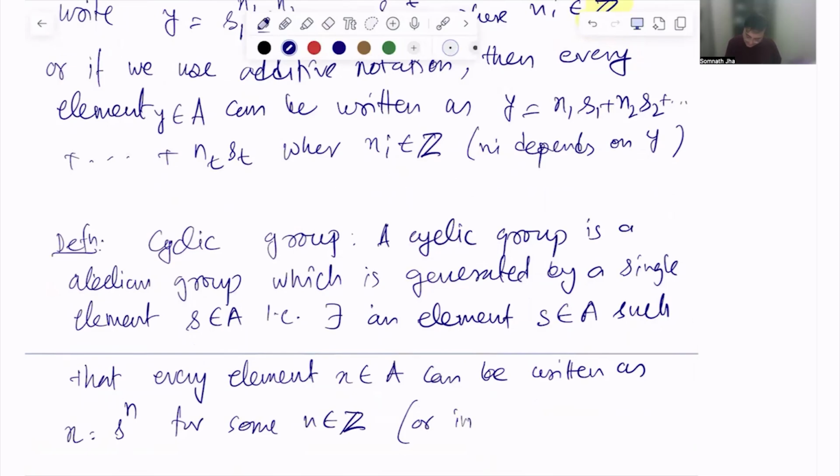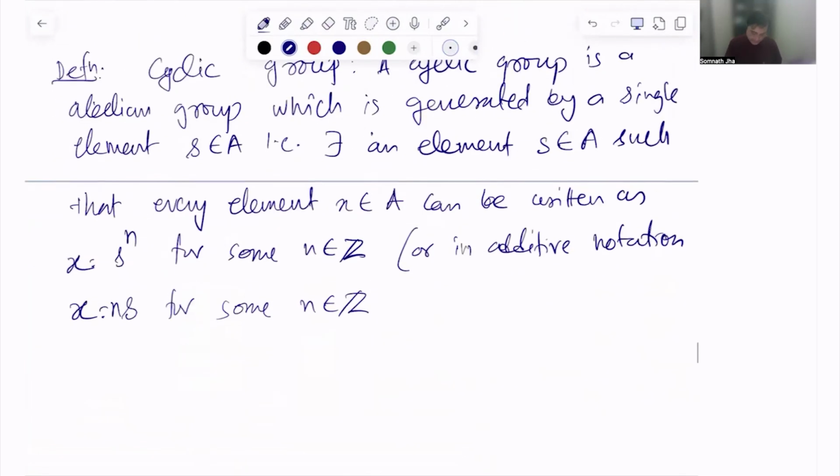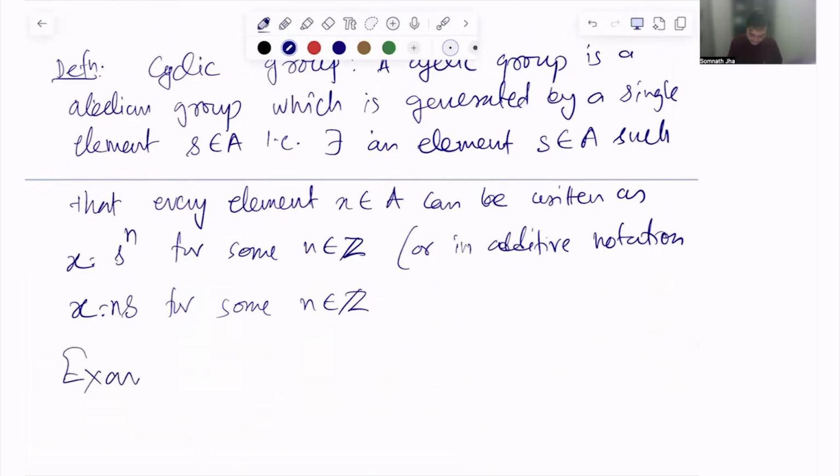or in additive notation, x equal to n times s for some n in Z. So what are the examples?